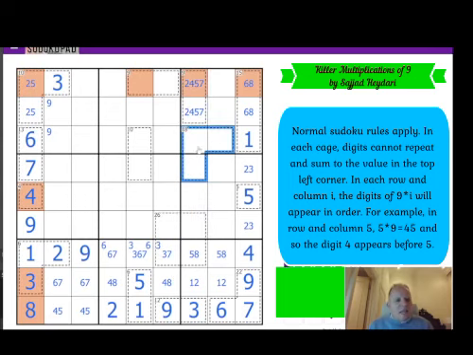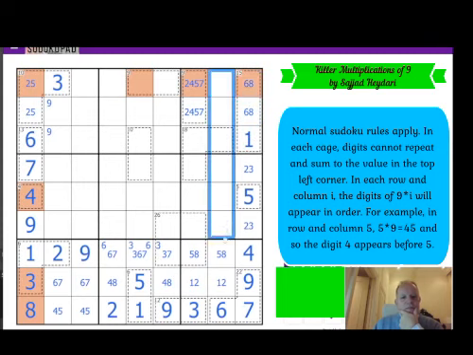I don't know. These cage totals aren't quite as high as I was hoping would be helpful, as it were. Right, come on, think again. Find something useful. So 8 before 1, 7 before 2 in this column.